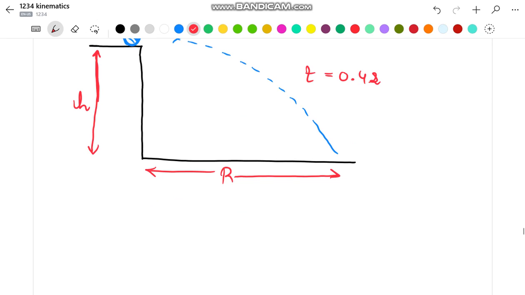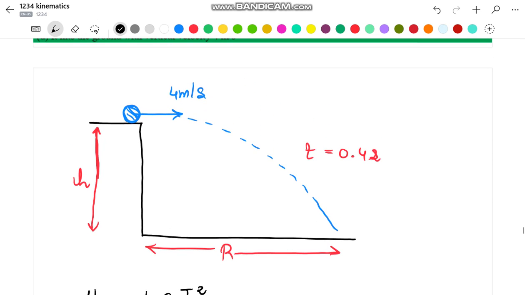By using the equation in y direction, we can directly write the value of height h as half g t square, since initial velocity in y direction is 0 and acceleration in y direction will always be equal to g.